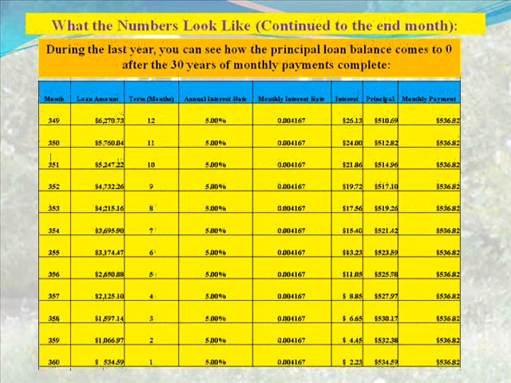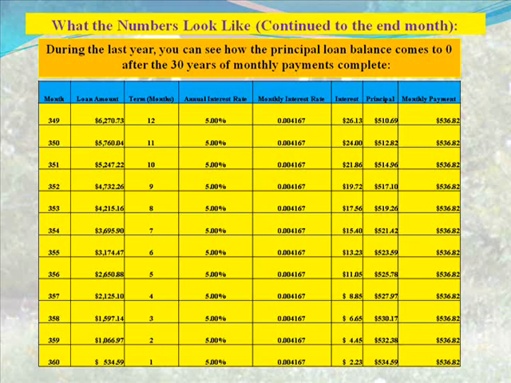So what do the numbers look like continued to the end month? During the last year, you can see how the principal loan balance comes to zero after the 30 years of monthly payments complete. In month 349, in the spreadsheet example below, you can see how the interest portion of the payment is $26.13 and the principal portion of the payment is $510.69.